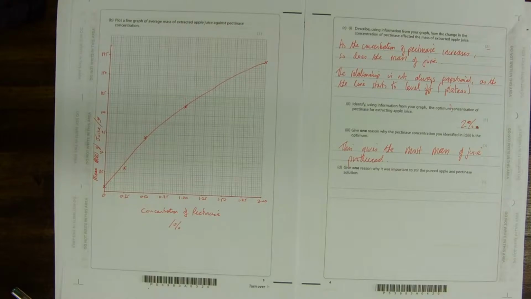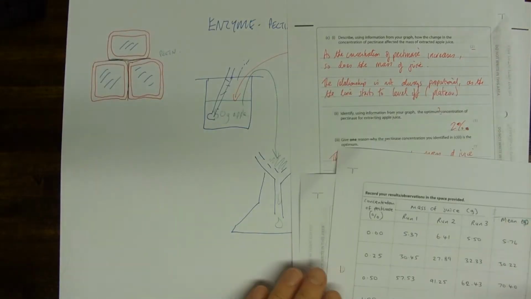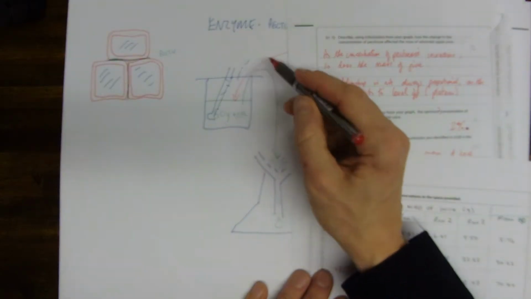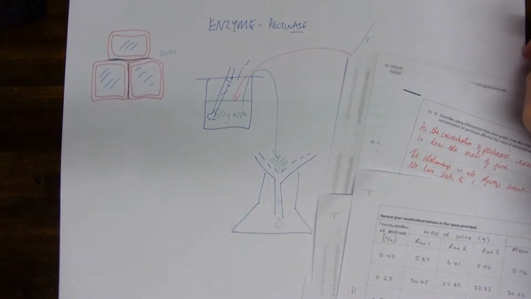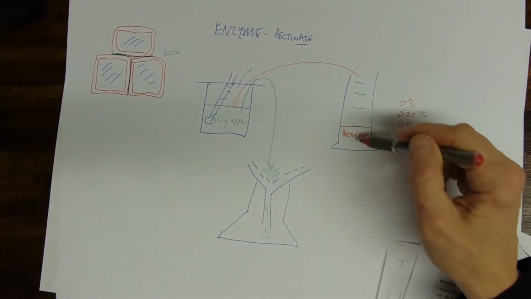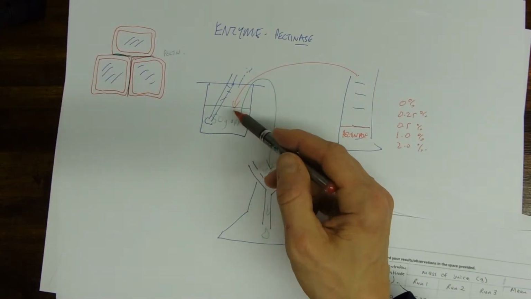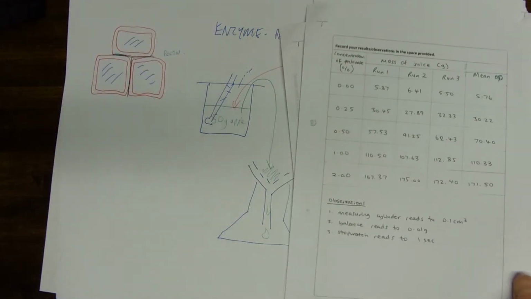Give one reason why it was important to stir. So we stirred the apple and we put in the pectinase. If we just put the pectinase in, it'd probably sit on the top or sink to the bottom, but it wouldn't be mixed up. So we need to mix the pectinase with the apple.